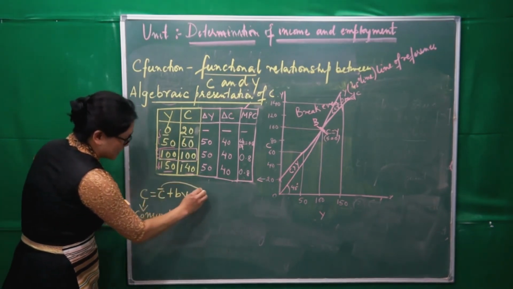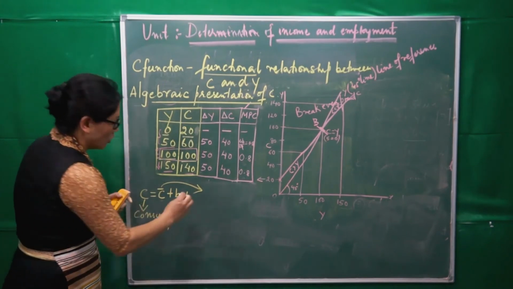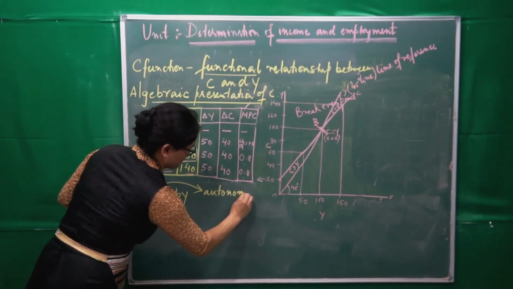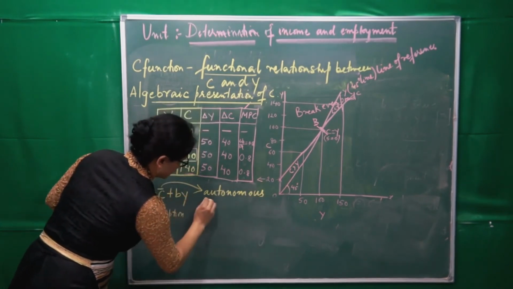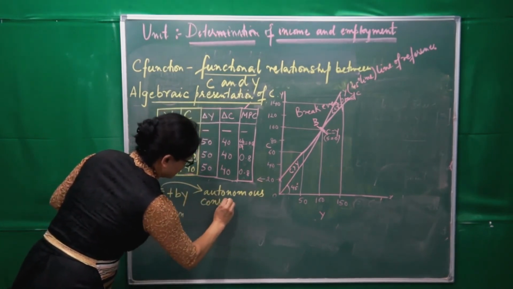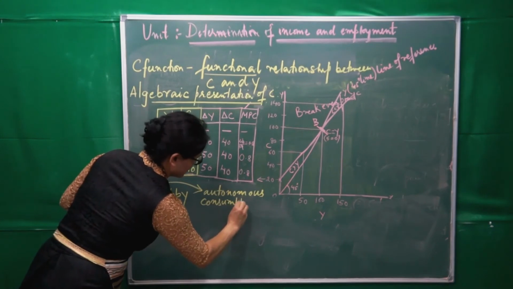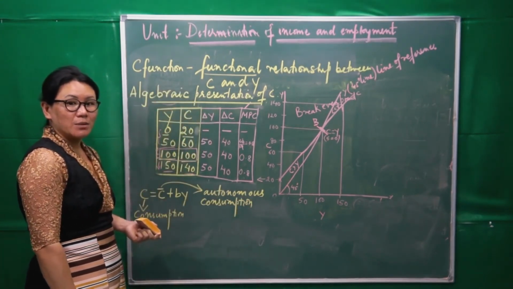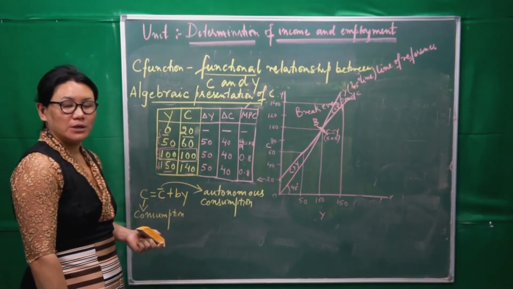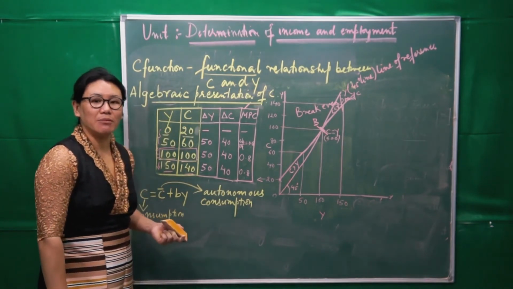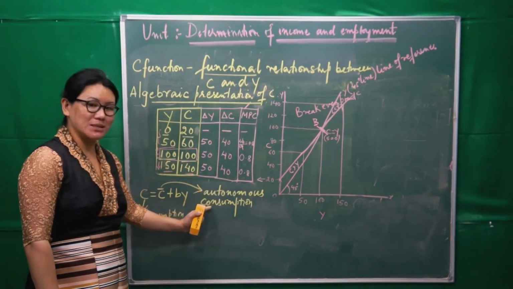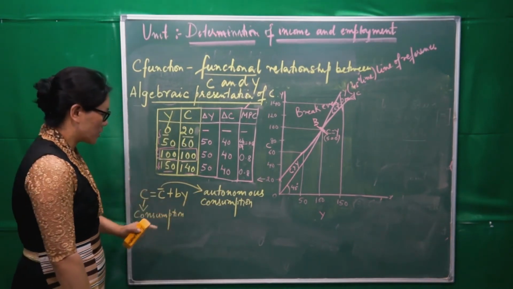This is what? C bar. Autonomous consumption. So I said when income is 0, if there is a minimum level of consumption in an economy, then that is called autonomous consumption. Right? Okay.